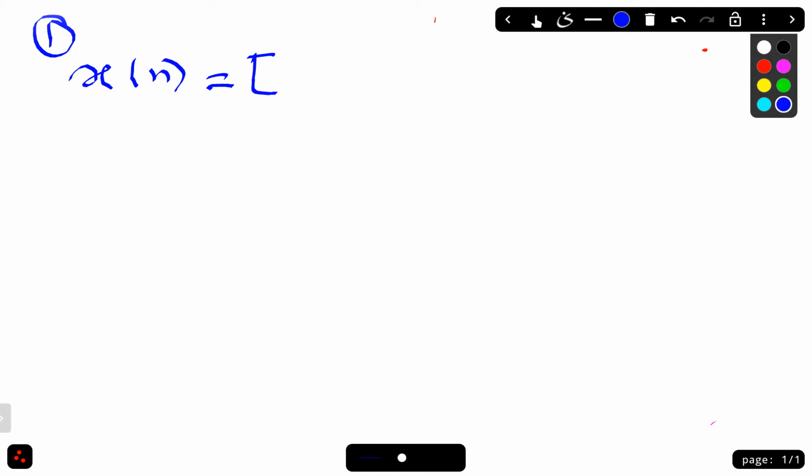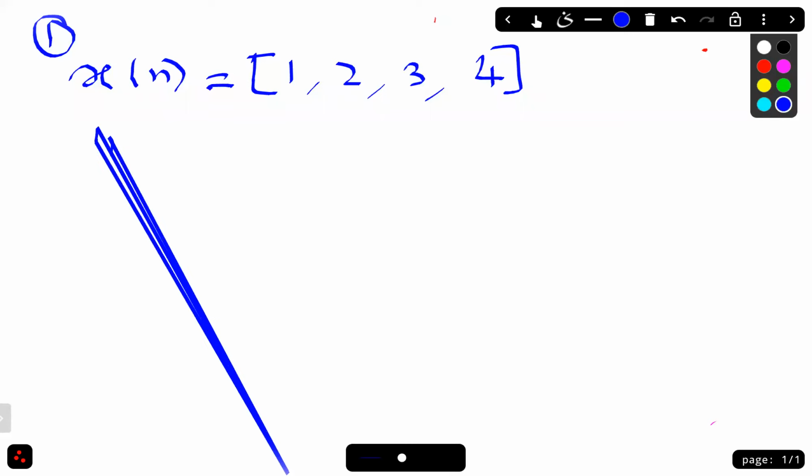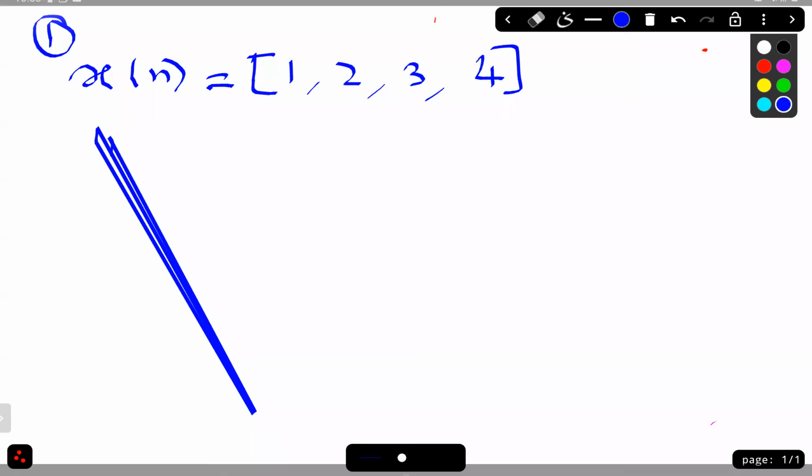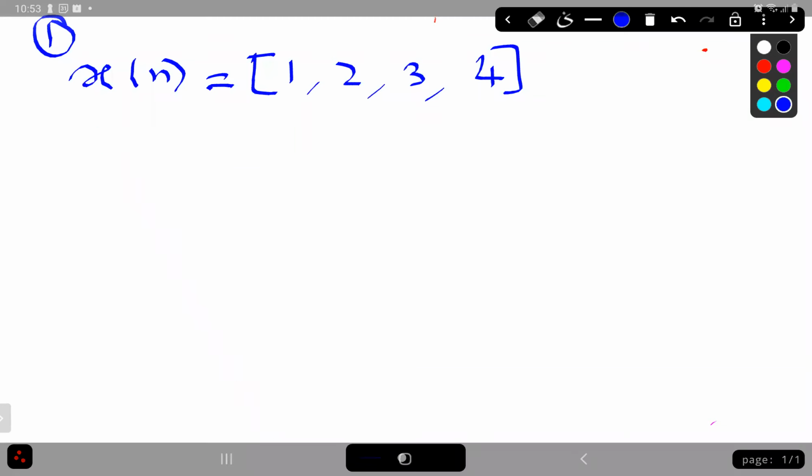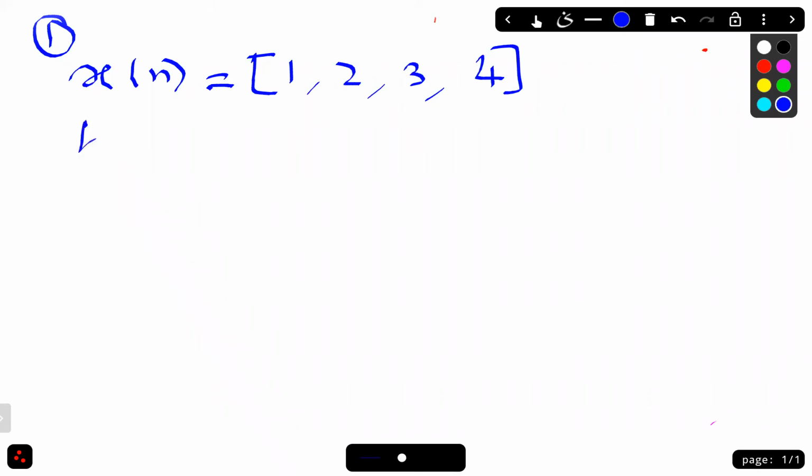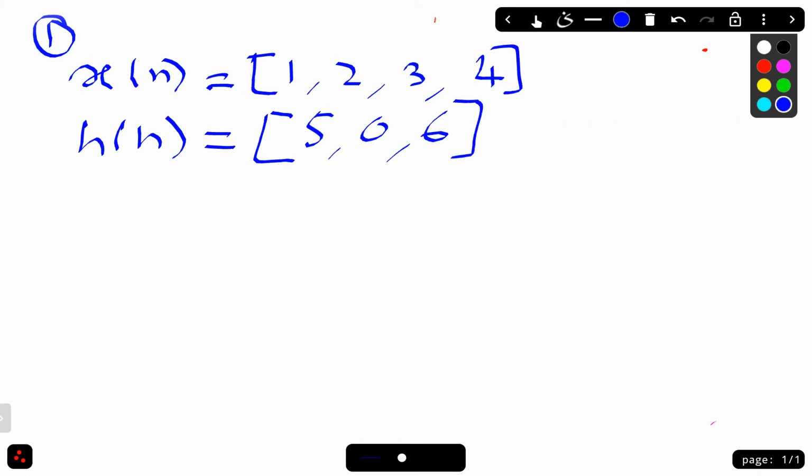Okay, we will take this example. x of n is 1, 2, 3, 4, and h of n is equals to 5, 0, 6. Okay, this is first question.